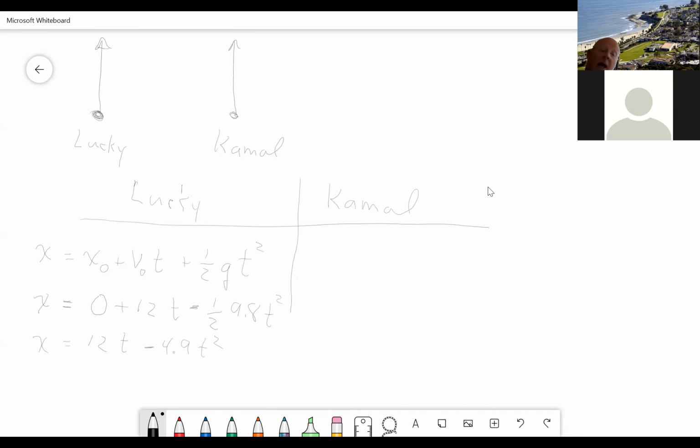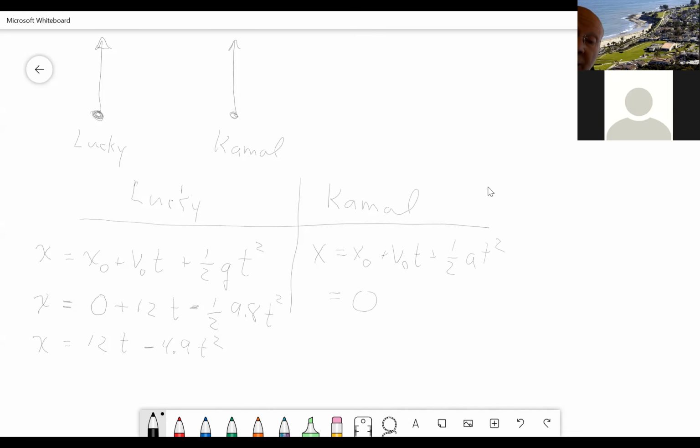All right, now for the second person, same kind of logic. Maybe I'll just write out the equation in general first. And I'm going to do the same thing. But here's where a little word of caution is.